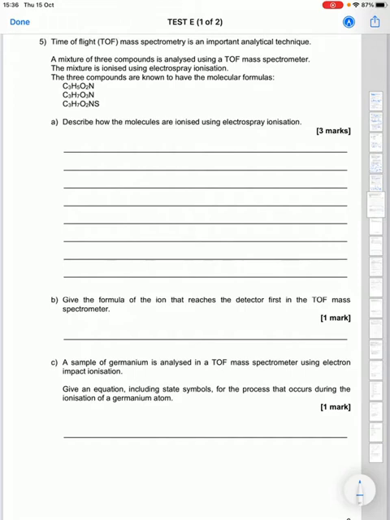Okay, so time of flight mass spectrometry. So how are these ionised in electrospray ionisation? 3 marks, so we need 3 things. So the sample will be dissolved in a volatile solvent. It needs to be volatile so that it will evaporate.